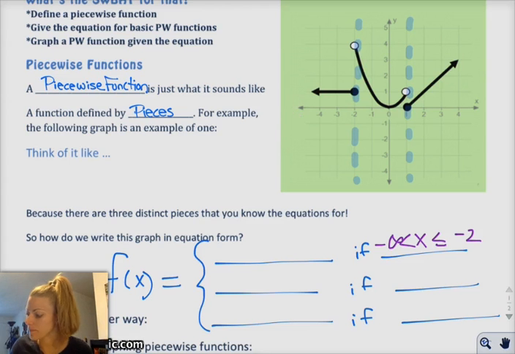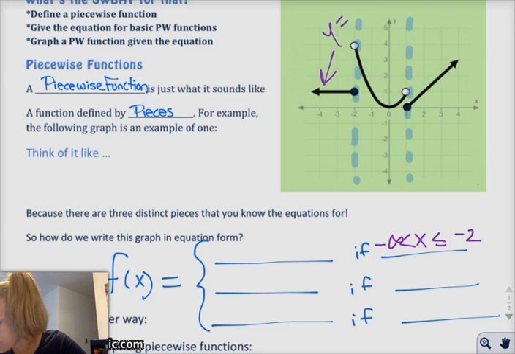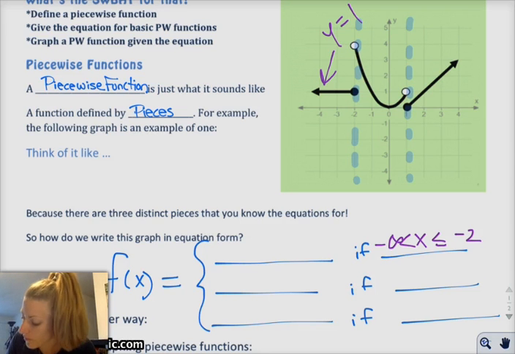Then we need to figure out what the equation of that actual function is. Like, what's the girl's name? Okay, so this function, if it were all by itself, would be the function y equals 1, right? So we would just say f of x equals 1.